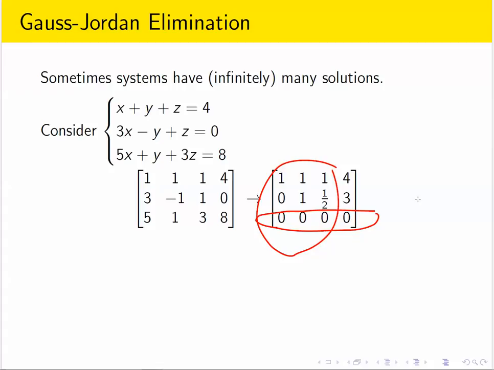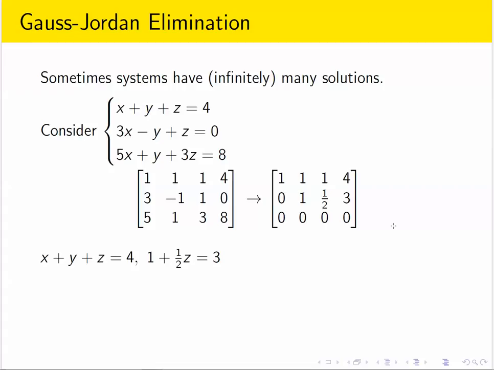That's not a contradiction. What's going on is the first row of the matrix, after we've reduced it, says x plus y plus z equals 4. The second row says 1y plus 1/2 z equals 3. And the third row doesn't tell us anything.